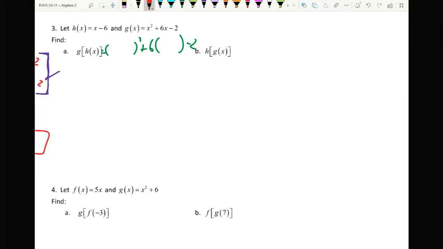But h is x minus 6, so I'm going to place that x minus 6 in everywhere that I had an x. Now we've got to simplify out. So that is x minus 6 times x minus 6 plus, let's distribute this. That gives me 6x minus 36 minus 2.